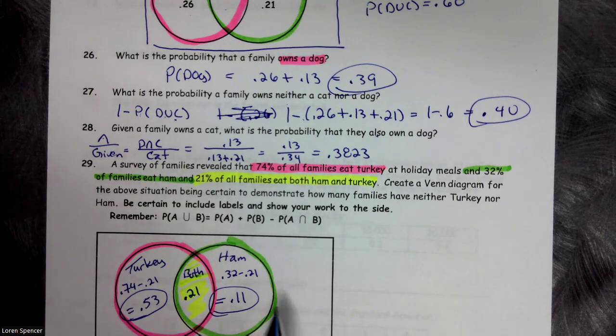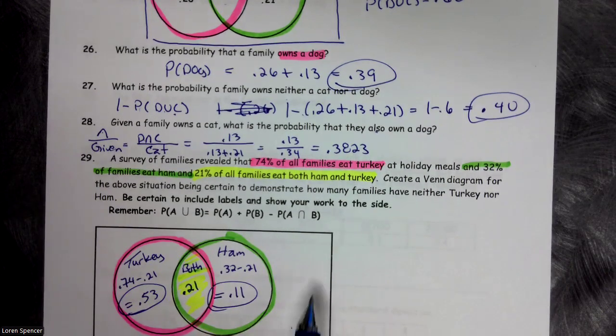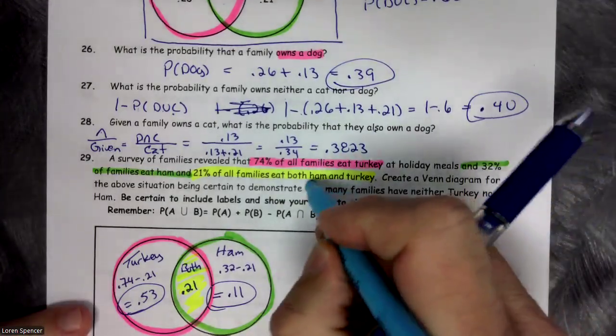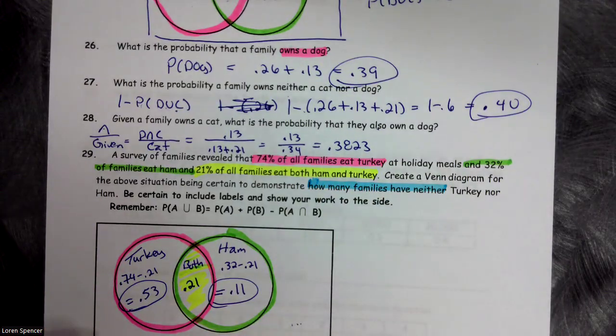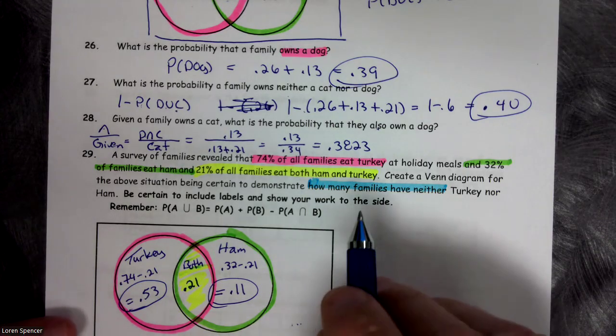So I need to find out this neither part because it wants to know how many eat neither. So there's a couple ways we can do this. And I'm going to do it both ways.